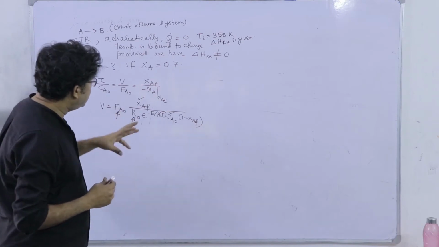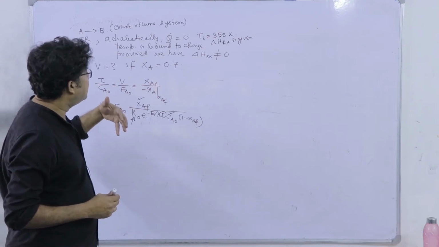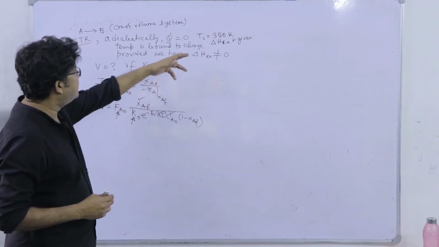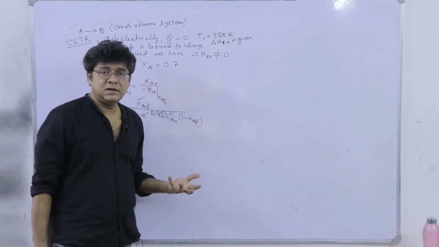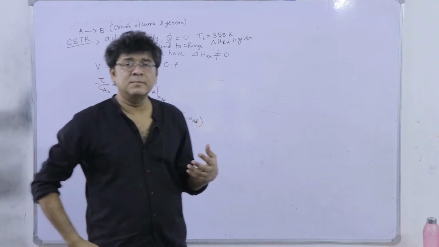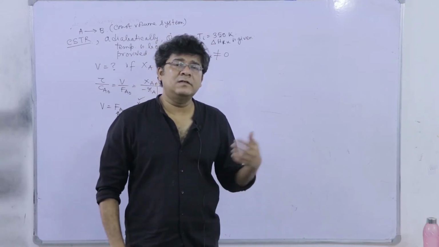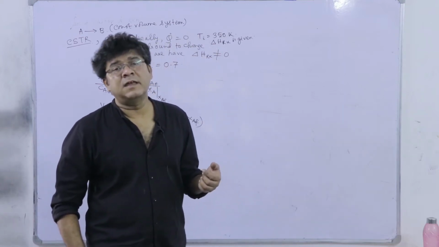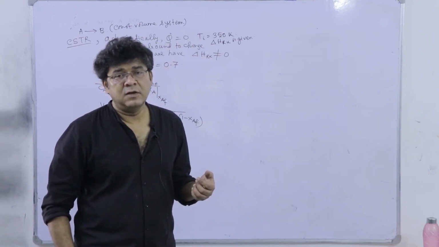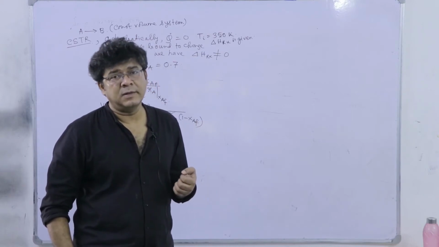So, if I do not know temperature, and temperature is a variable, because if this reaction is an exothermic reaction, that is, heat is being liberated in the system, then with the progress of the reaction the temperature is supposed to increase, and just the reverse will happen if the reaction is endothermic.